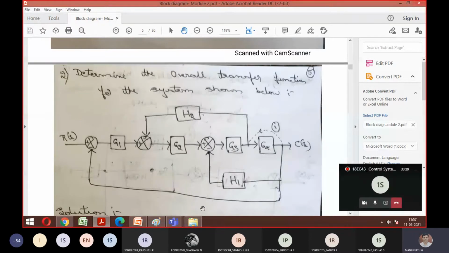What is the way to solve? You can look at here, it has been merged. So it means it is nothing but separate connections only. So this H1 is connected to this, and similarly this connection is given to the output part. So what can be done? Let me copy this and paste in Paint.